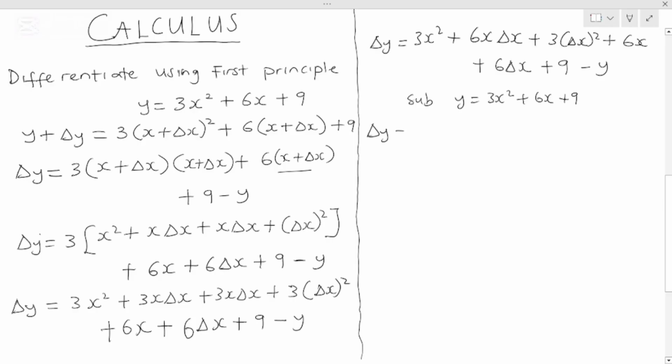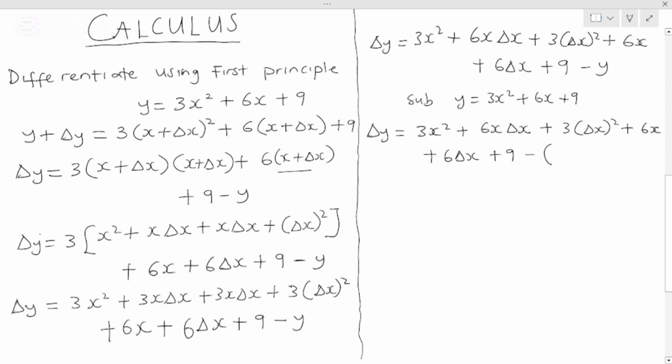So we have change in y equal to 3x squared plus 6x change in x plus 3 into change in x squared plus 6x plus 6 change in x plus 9 minus, since that minus is outside and we don't have one term inside y, we are going to open a bracket.